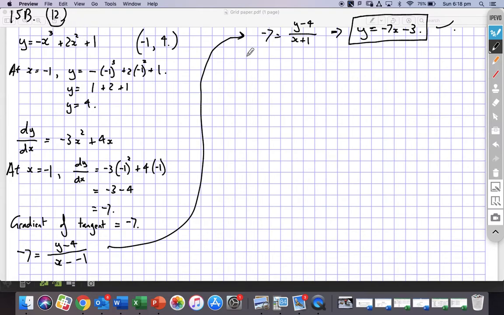So our x and our y values are the same when equations meet each other. There's particular points where the x and the y values are the same.